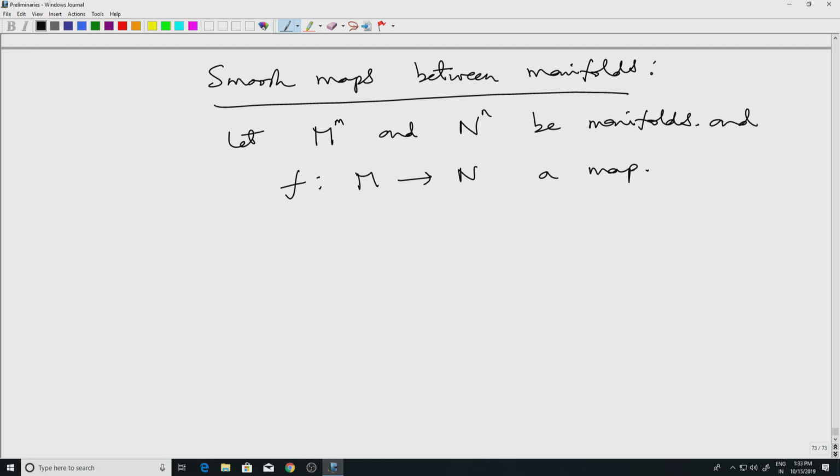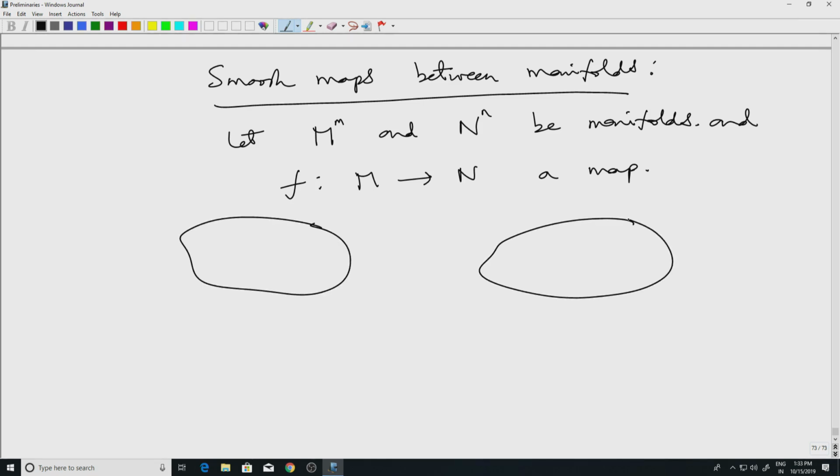Now the way a manifold is defined, if you start with a point P in M, I know that it's going to be contained in a chart U, phi. Let me call this U1.